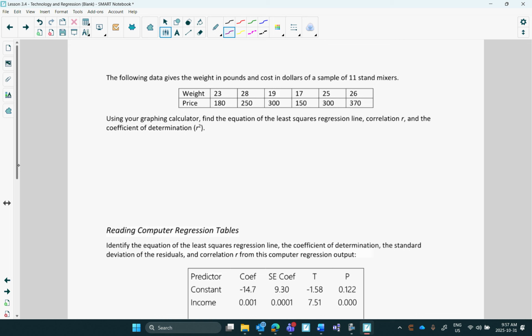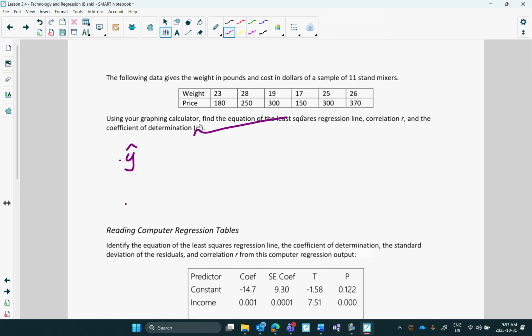So how do we write the equation? Well, we've got to write it in the form y equals a plus bx, but remember, we don't just write y. What do we write? Y hat. Because remember, it's the predicted price.